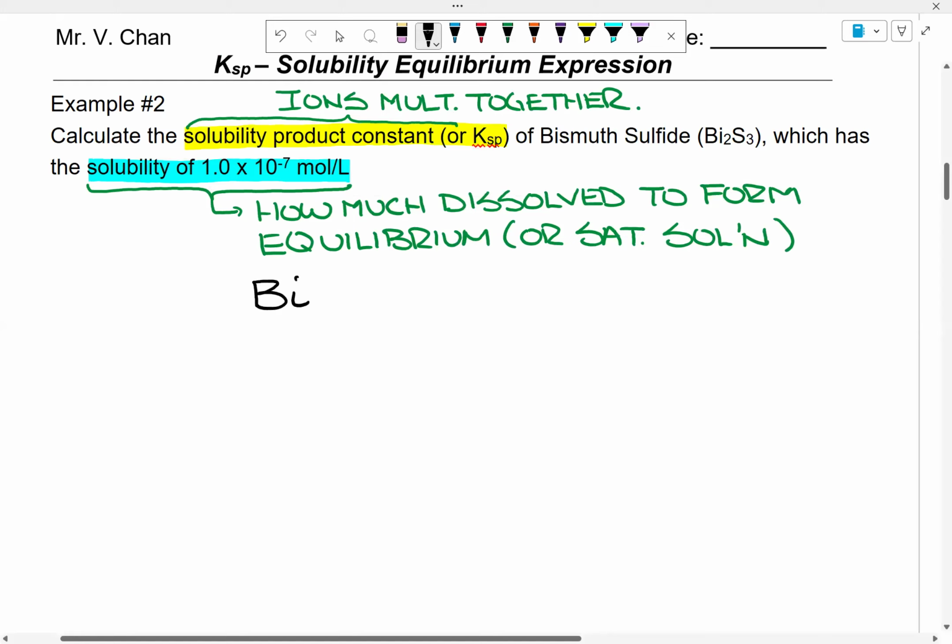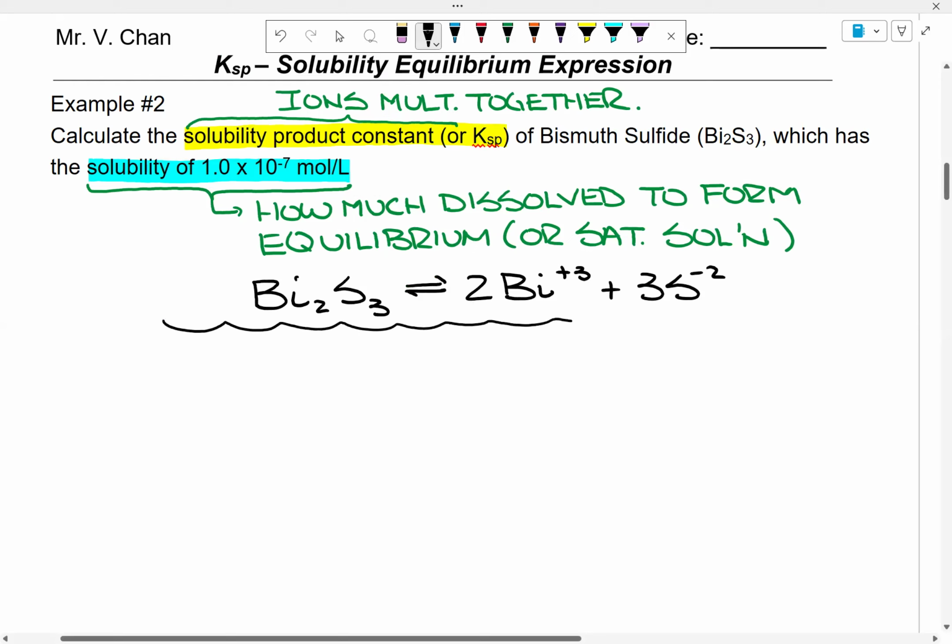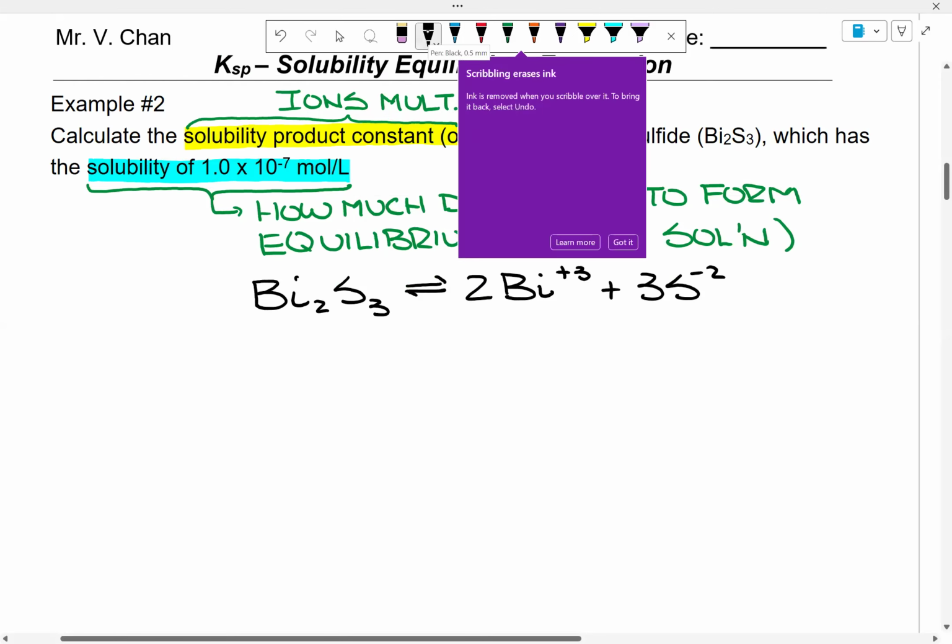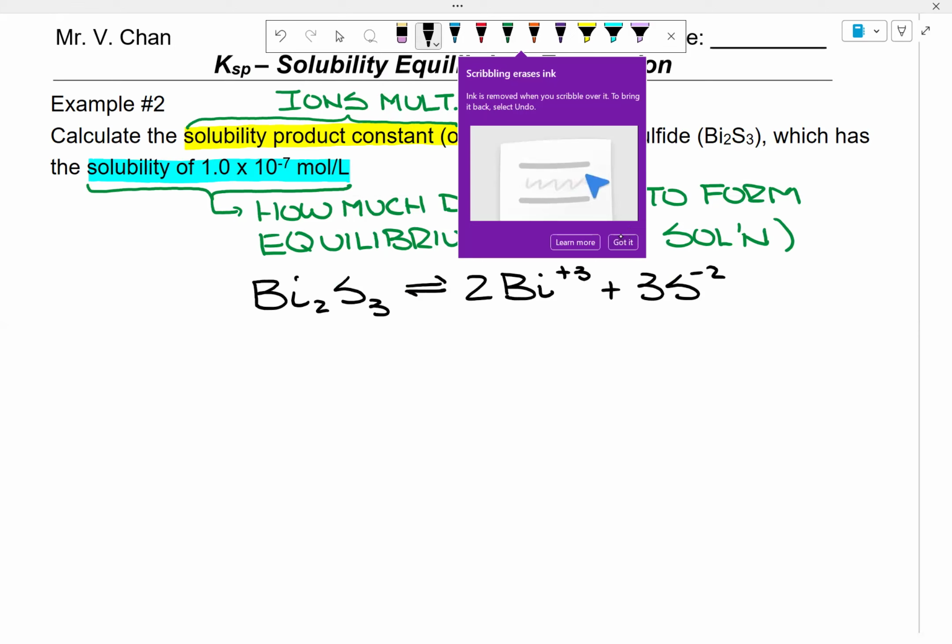Bi2S3 is in equilibrium with 2Bi^3+ and 3S^2-.